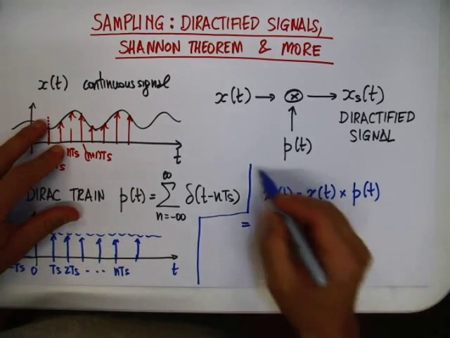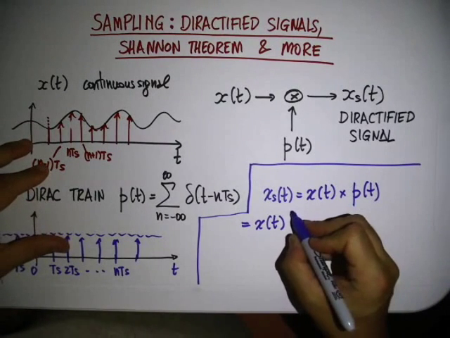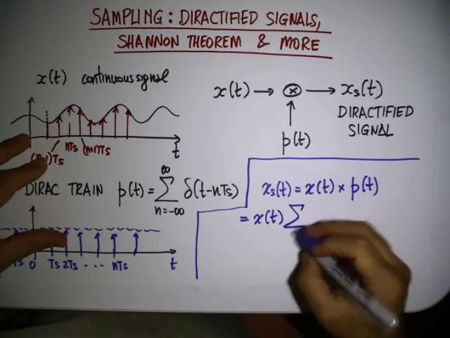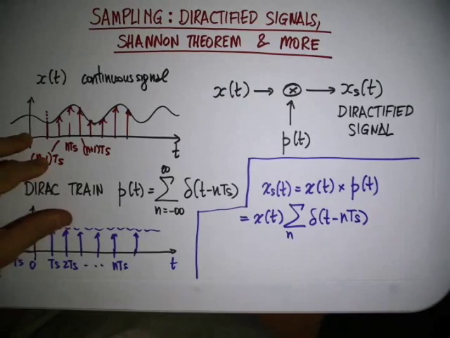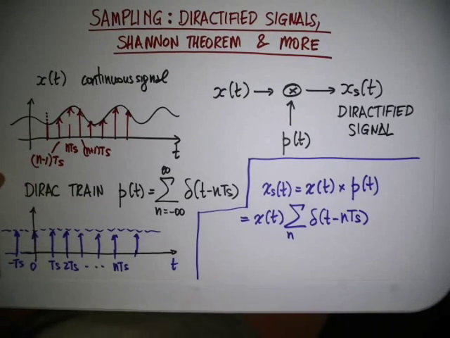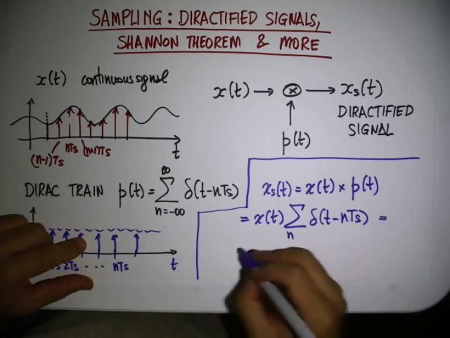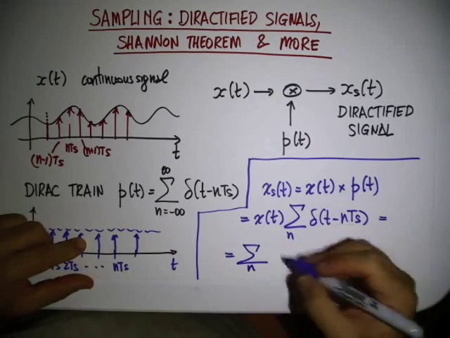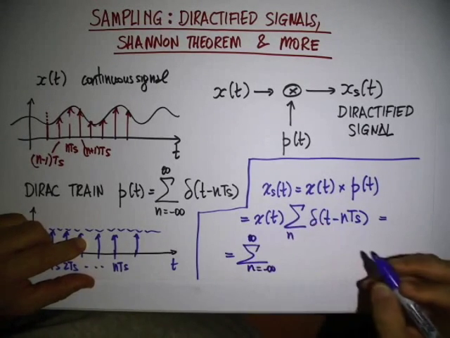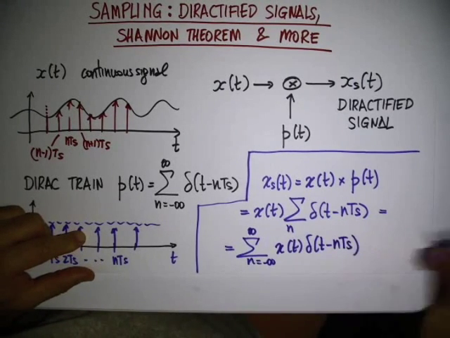This is equal to x of t multiplied by the infinite sum of this bunch of deltas, and we can take advantage of this. Multiplication is a linear operator, so this is equal to the sum over n from minus infinity to infinity of x of t times delta of t minus nTs.